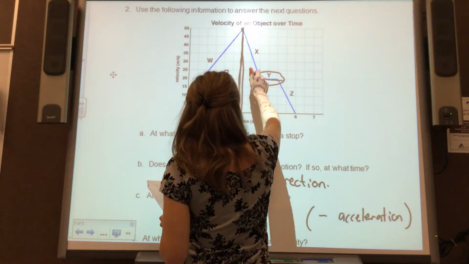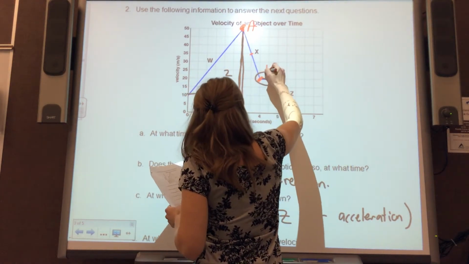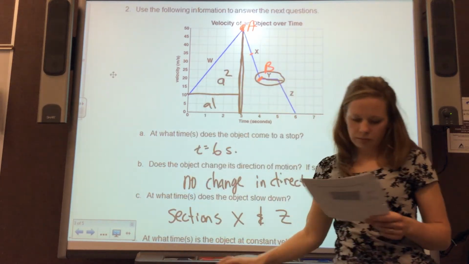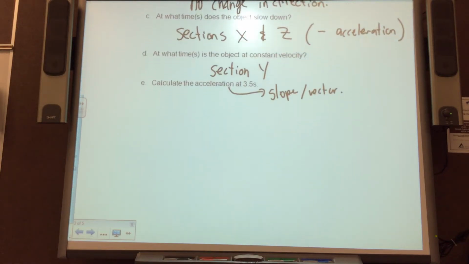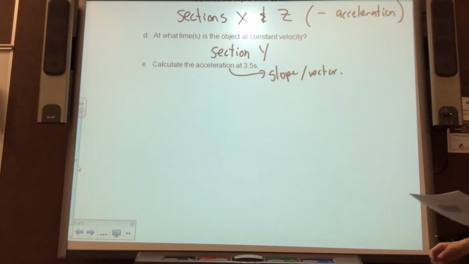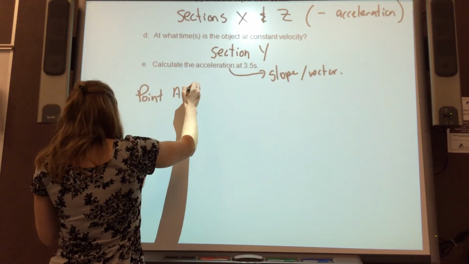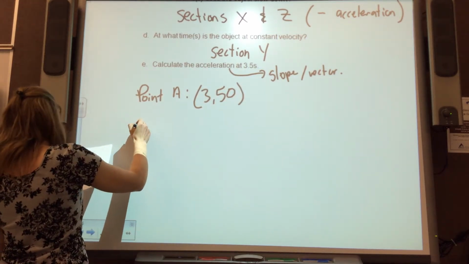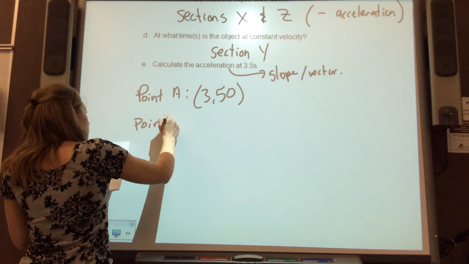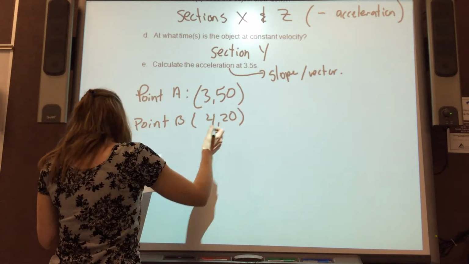If 3.5 seconds is right here, I'm going to use this point A and this point B. So point A coordinates are (3.5, 0), and point B coordinates are (4, 20).